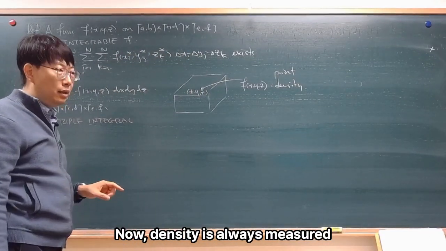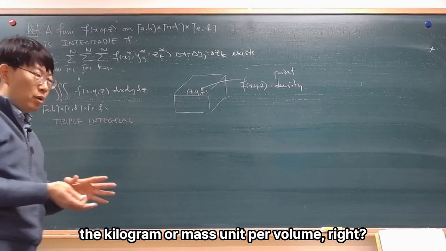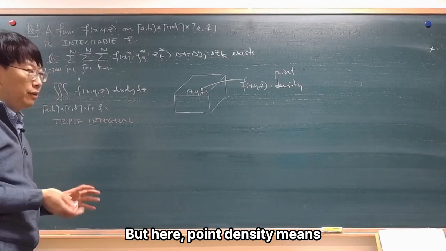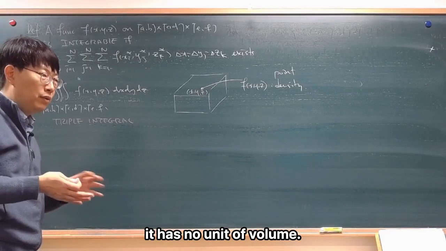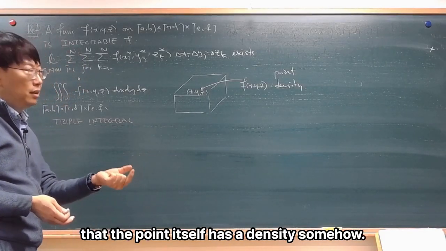Now, density is always measured by kilogram or mass unit per volume, right? But here, point density means that it has no unit of volume. So we're kind of assuming that the point itself has a density somehow.